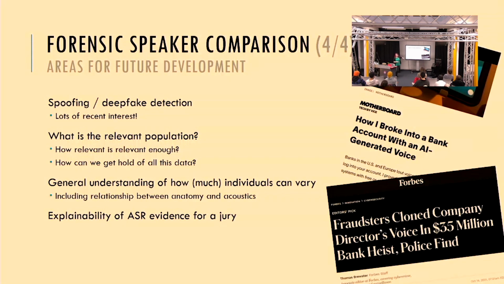But what we do know from these forensic systems is that MFCC features, which theoretically encode vocal tract shape and not so much source information, perform really well for a speaker identification task. So in the quest for explaining what our systems are doing to the jury, what we really need is a mapping to say these features come from the vocal tract in this way. That's the part of this that I'm hoping to contribute to.